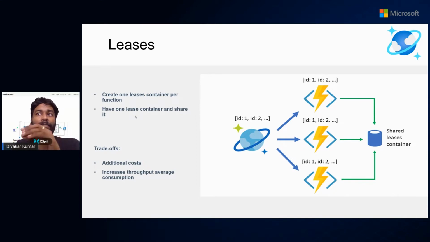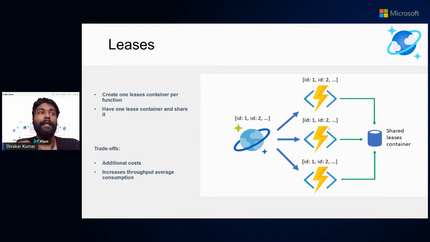Or else you can have a single lease container that can be shared across multiple Azure Functions, which can be handled for different use cases. So this is one way of going about this, and this is the best practice. But there is a trade-off that you can think of in future in this shared leases container as well. Because consider a scenario where you end up adding more and more subscribers to this particular change event.